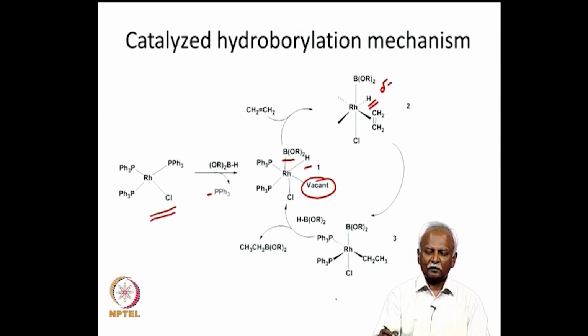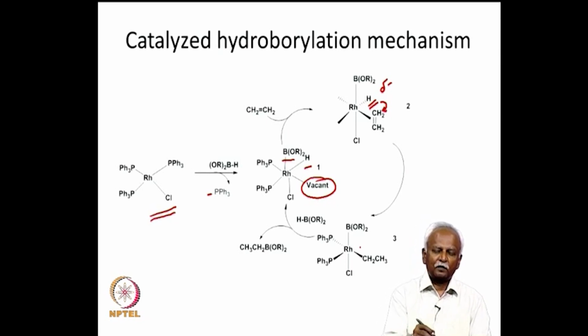So, this is the carbon on which it would attack, and as a result you would get an ethyl group coordinated to the rhodium if you started out with ethylene as the alkene. So, you have the oxidation state change.